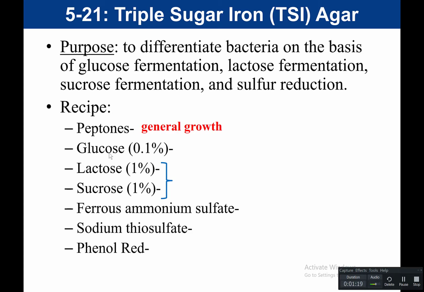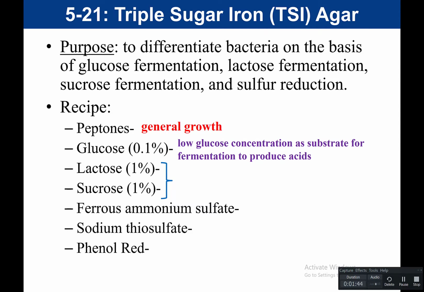Now, if bacteria have a choice between peptones, glucose, or a disaccharide, and the organism can use glucose, that will be the preferred food source, meaning that's what they will use first if they have the ability to do so. So we have a low concentration of glucose as a substrate for fermentation to produce acids. If the organism can ferment the glucose, they will produce acids.